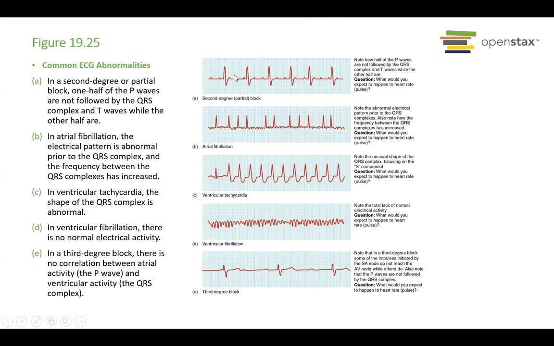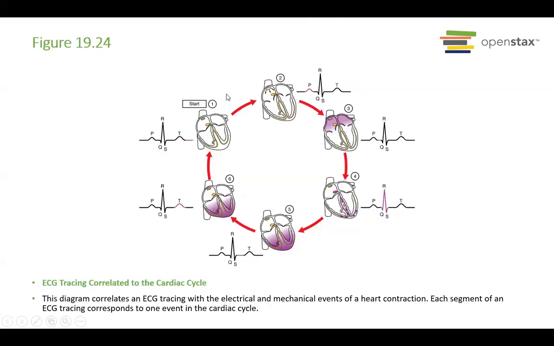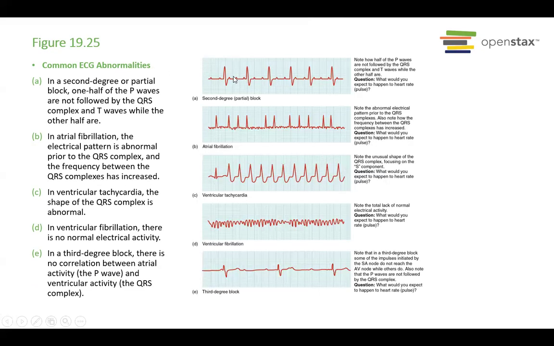You're supposed to look like PQRST, PQRST, PQRST. But here you have PQRST and another P, then another P. That's wrong. So that's an example of arrhythmia. That's a second degree partial block.